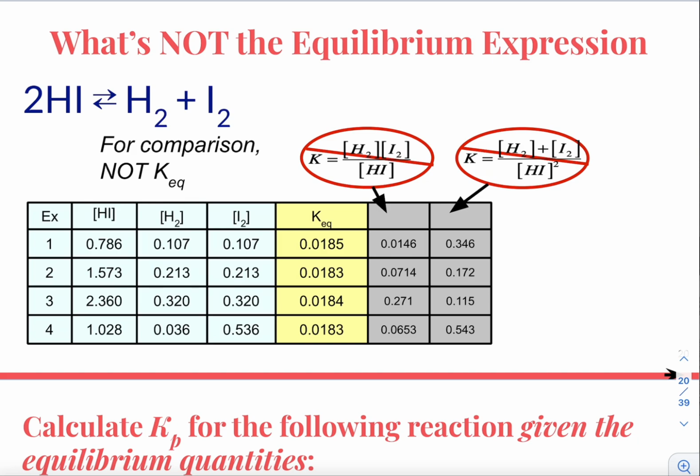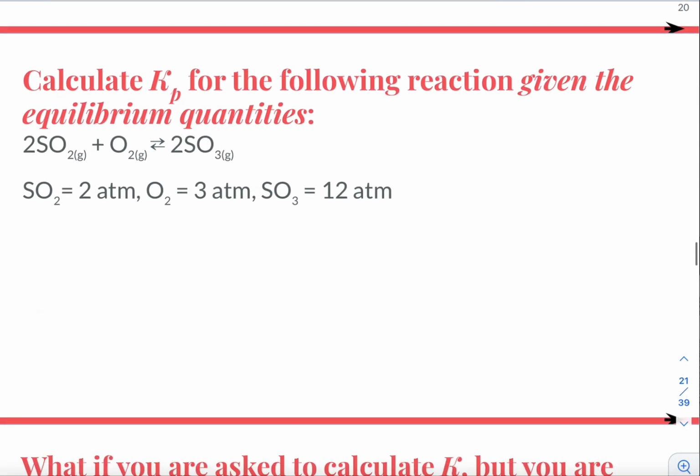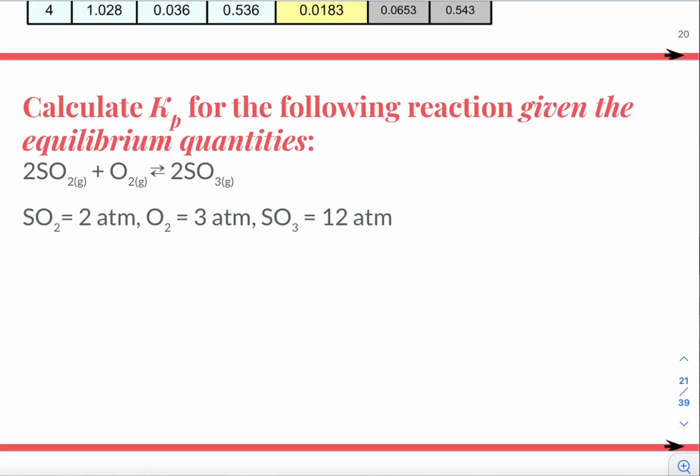All right, so now let's do a quick, easy one just to get familiar with this before we start making it a little bit harder. This one says, calculate Kp for the following reaction given the equilibrium quantities. First thing we're going to do is write our Kp expression.